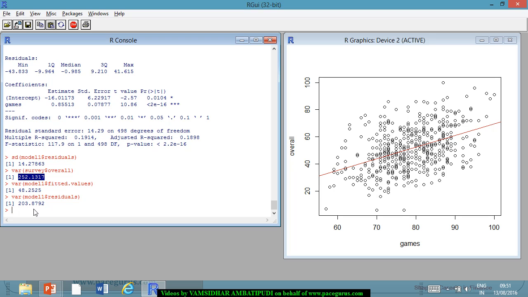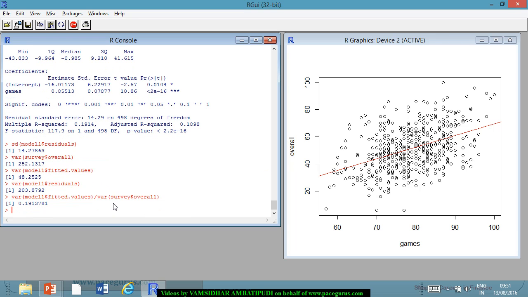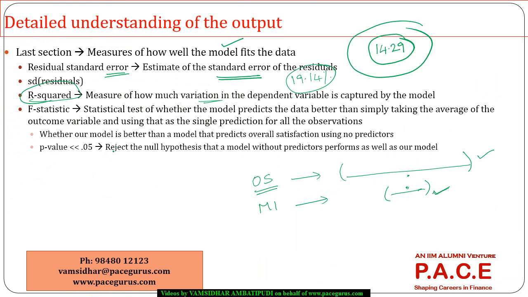If I take the ratio of the fitted values variation divided by the variation of the overall data, that is what comes out as my R squared. So this is the R squared interpretation: how much variation in the dependent variable is captured by the model. The higher it is, the better it is.